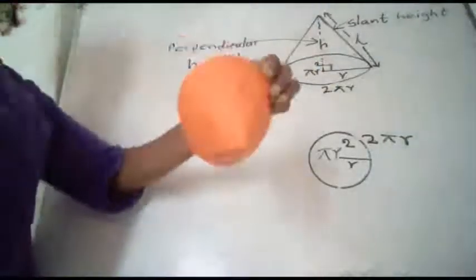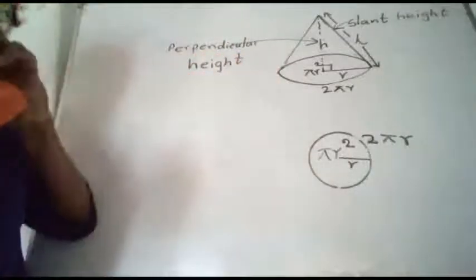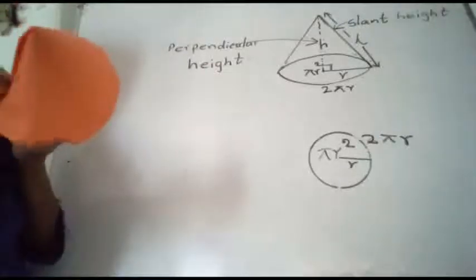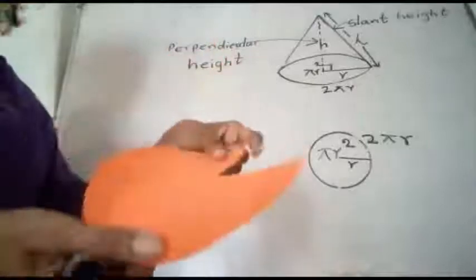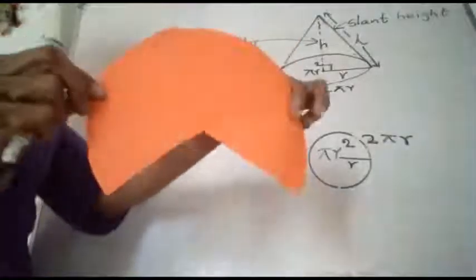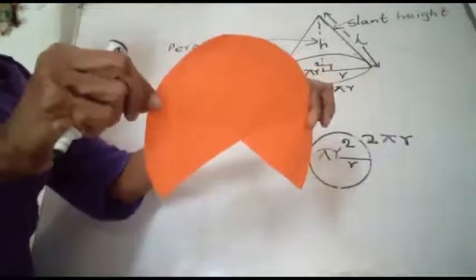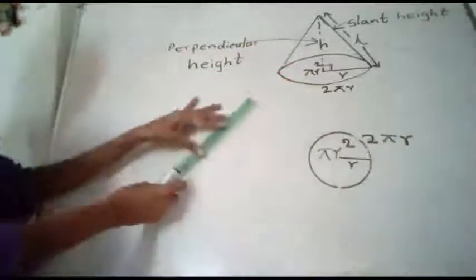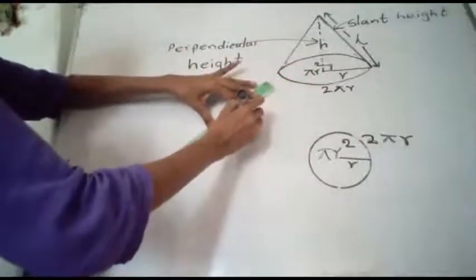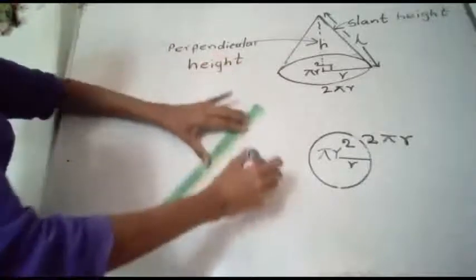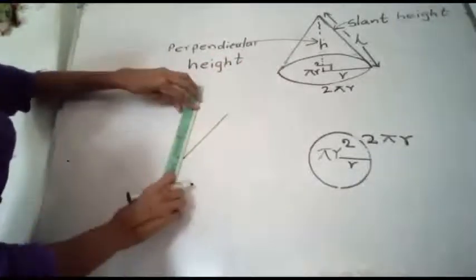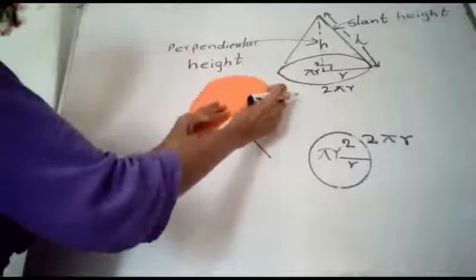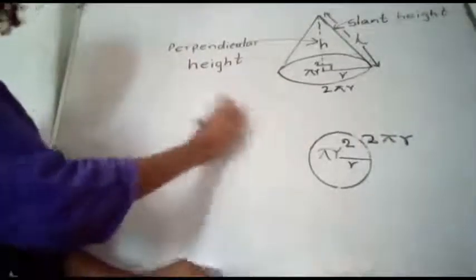This is the curved surface. We draw it like this.